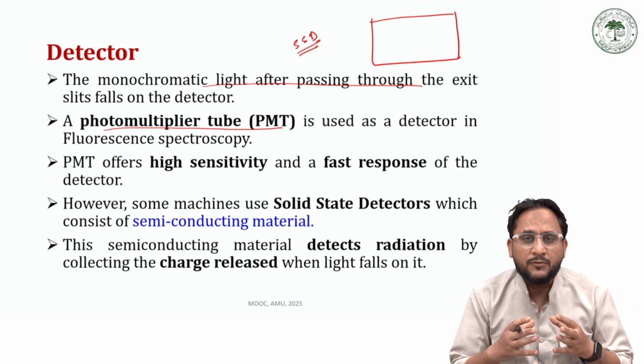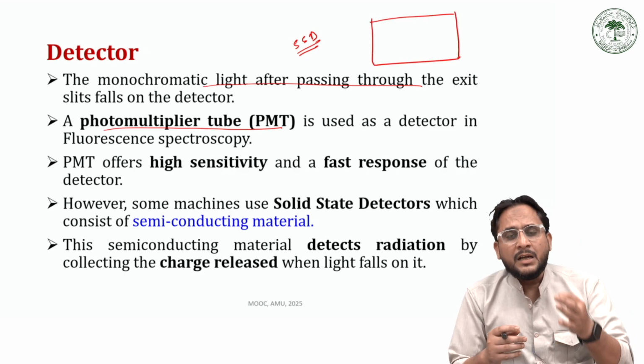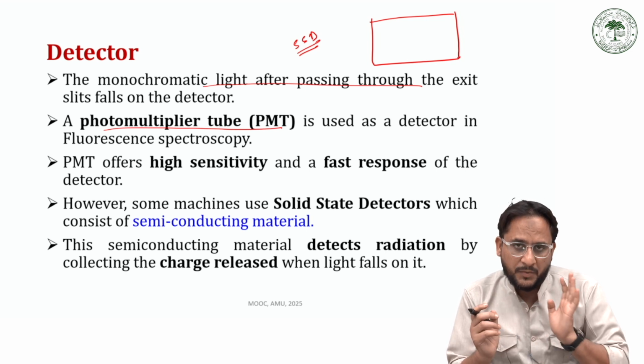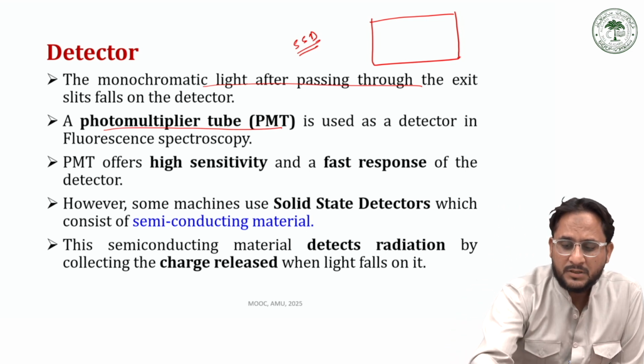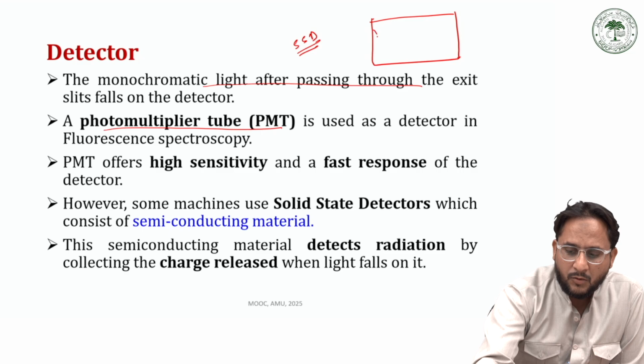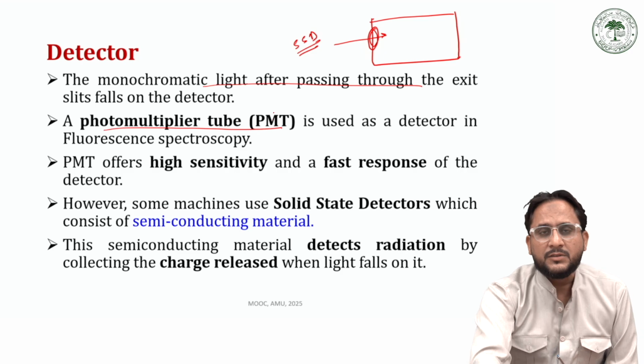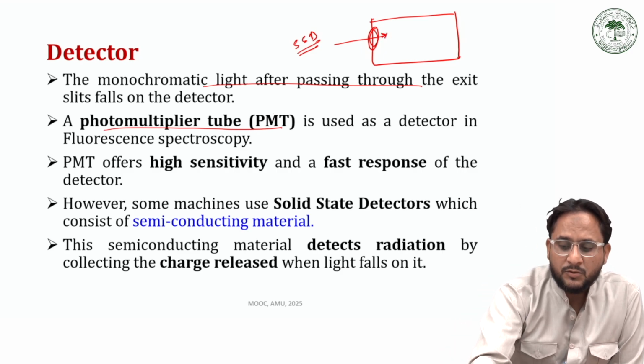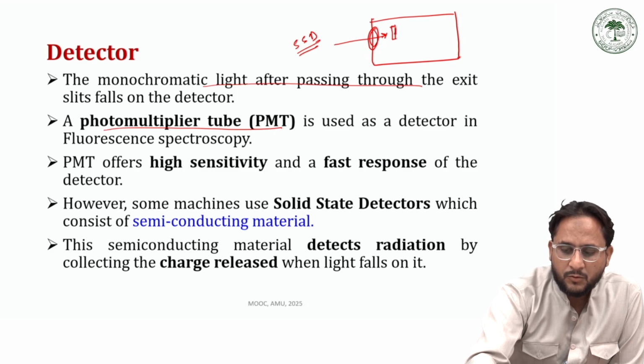As you all know, the photomultiplier tube is a photo responsive device. It is photosensitive, where we have a quartz window which allows the light radiation coming from the sample, the emitted fluorescent light, to enter through this optical window, and then we have a photocathode placed over here.